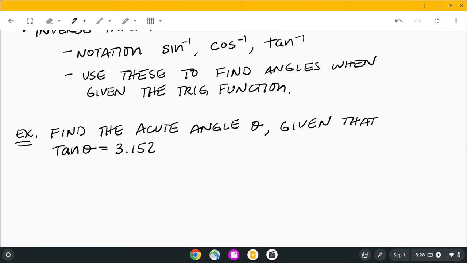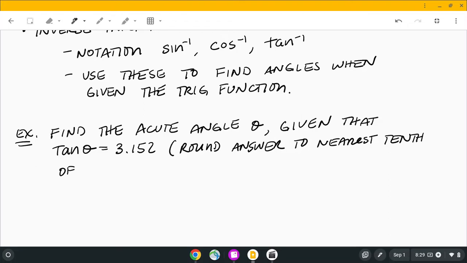Okay. And let's go ahead and round the answer to the nearest tenth of a degree. Nearest tenth, that's just one decimal place. Okay.